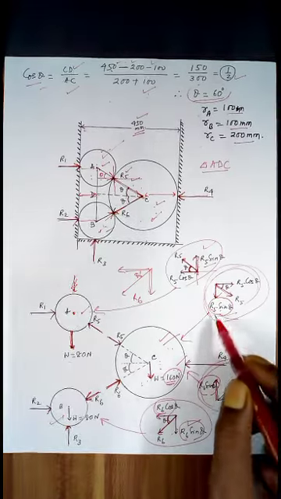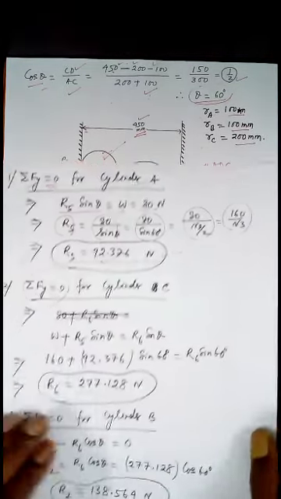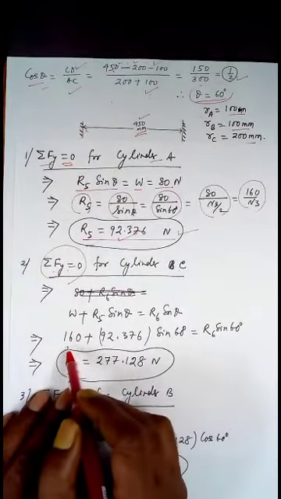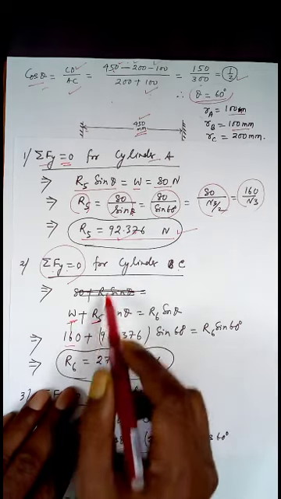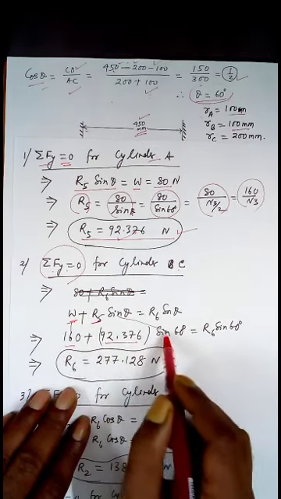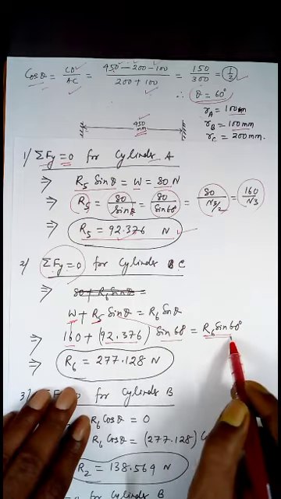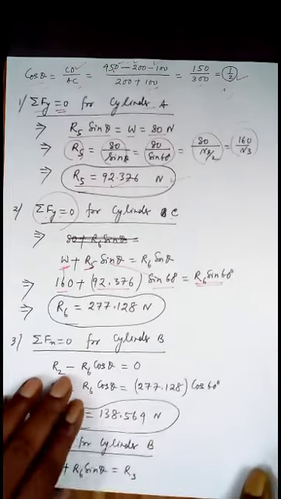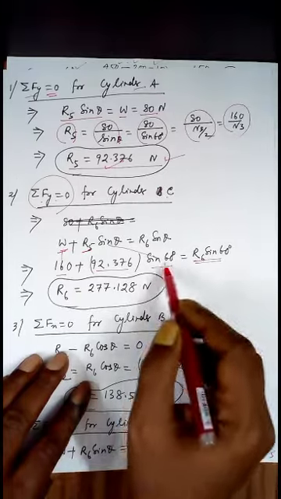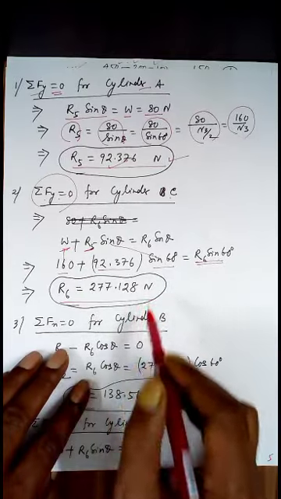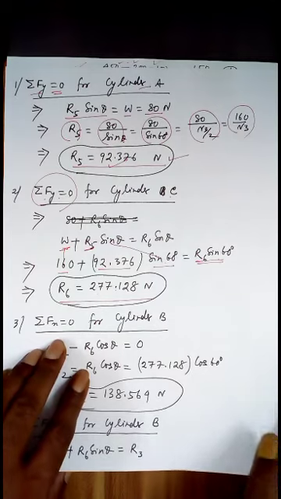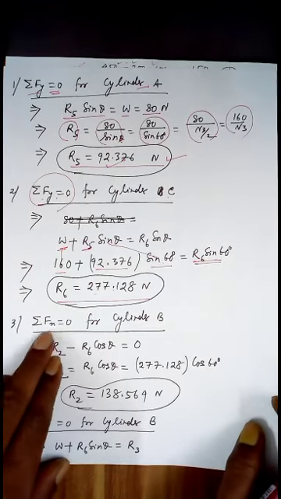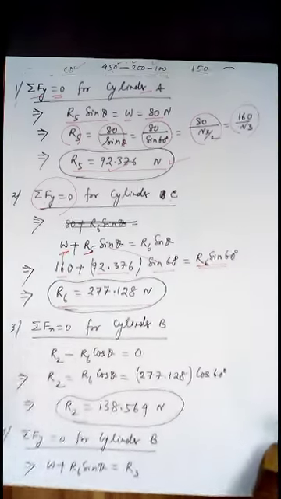So 160 plus R5, which we just calculated, sin 60 is equal to R6 sin 60. Putting the value of sin 60 in a scientific calculator, R6 comes out to be 27.128 Newton.